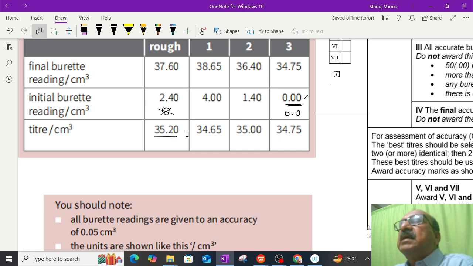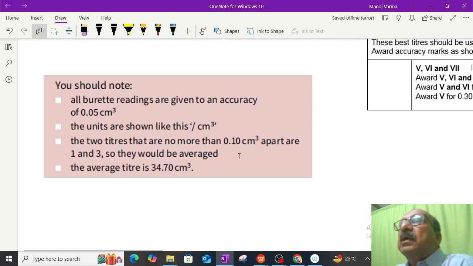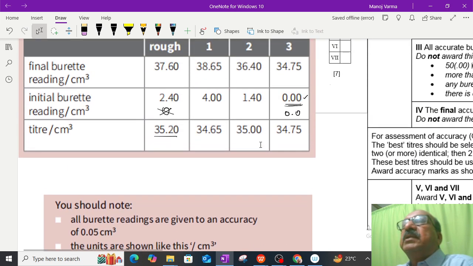And these are the titre values that they have got. Now obviously all these points matter, and at least two of the readings which you get should differ by only 0.1 centimeter cube. Those are known as the concordant readings.